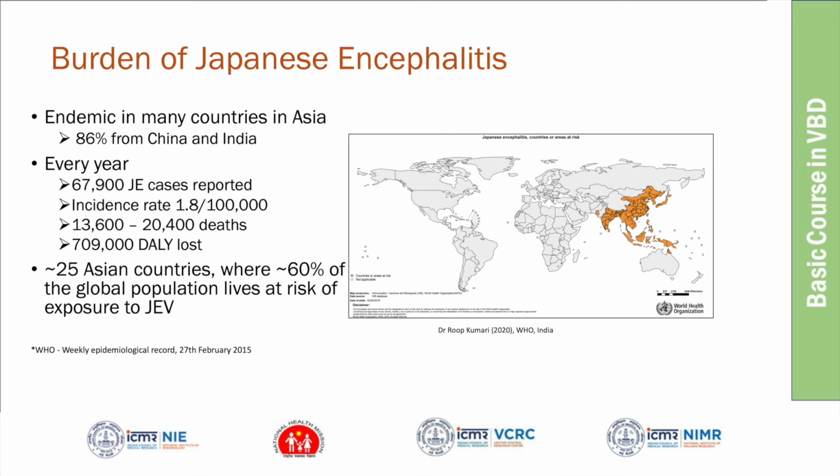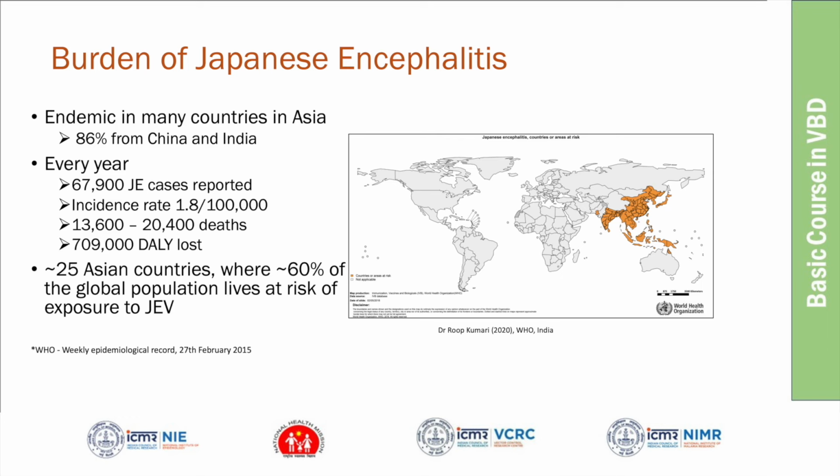We all know these are very conservative figures because in many countries, lab diagnosis of JE does not happen, and many people with JE die before even reaching a health facility. There is also an economic loss due to the disease, calculated at around 7,09,000 disability adjusted life years lost.